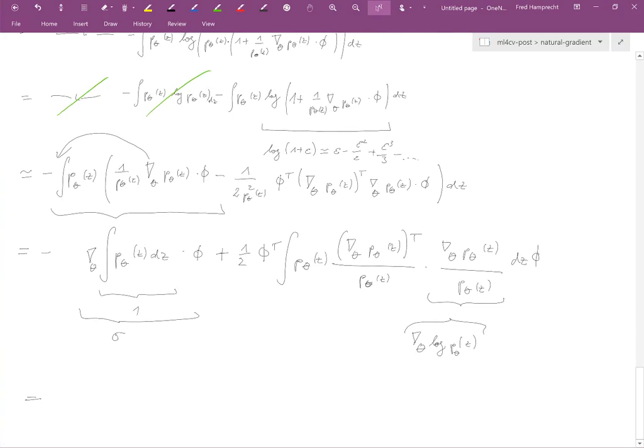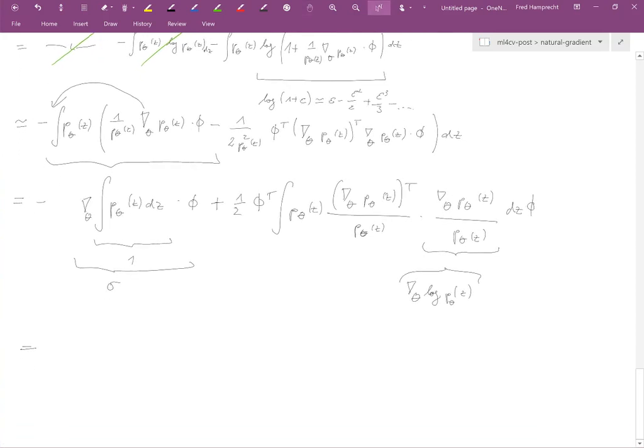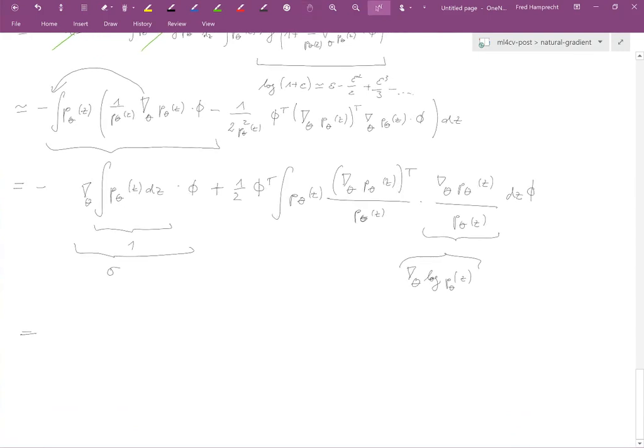Okay, now this can be written as an expectation. Namely, the expectation with respect to z of the gradient of the log likelihood, which is the score.